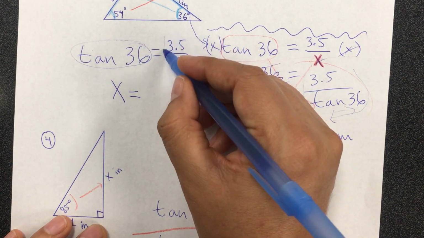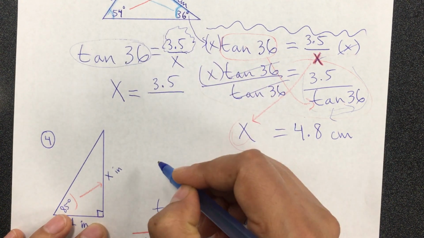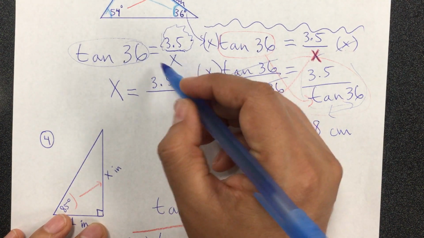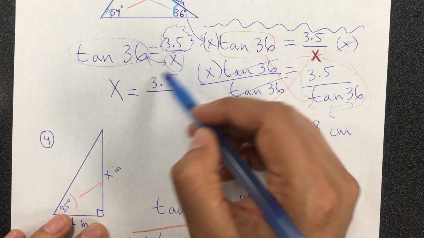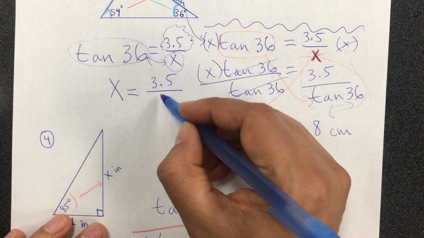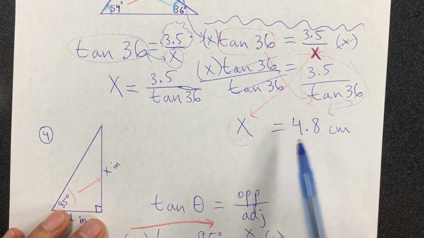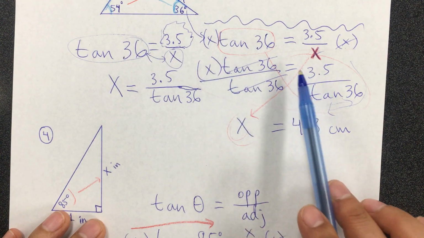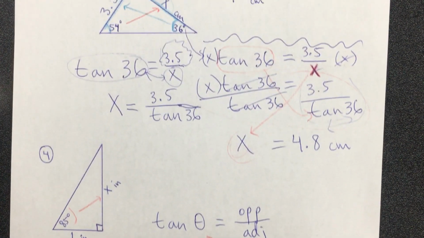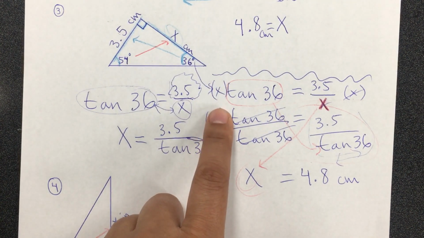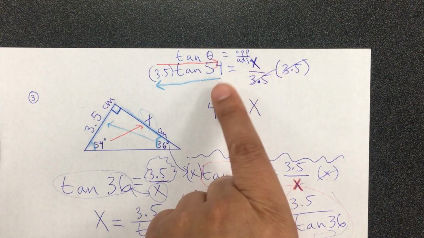You're gonna just copy this part right here, 3.5 divided by, and then instead of x, because these are switching places, in here instead of x that you brought over there, it's going to be tangent of 36. Okay, x equals 3.5 divided by tangent of 36. So that's just a shortcut, and it's only when x is in the denominator. Okay, otherwise if it's a number, you just cancel by multiplying.